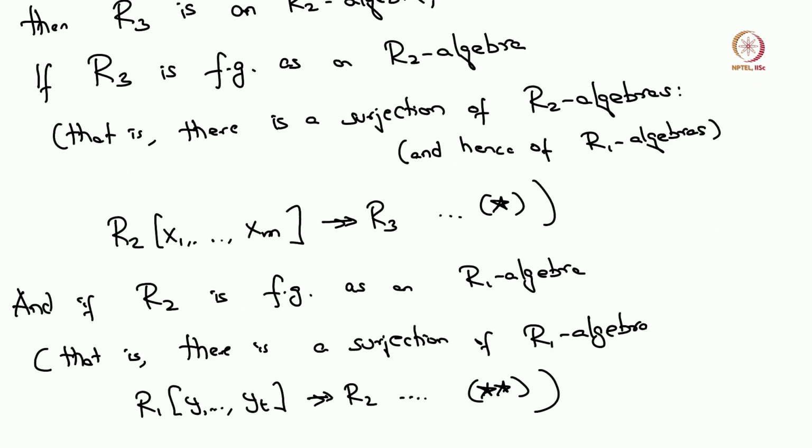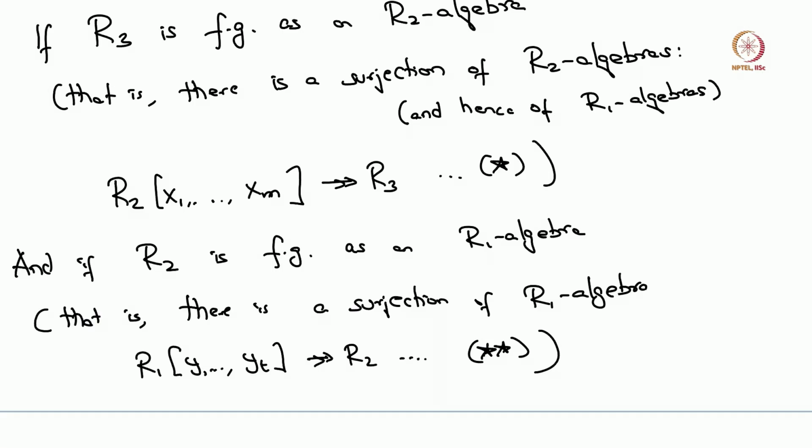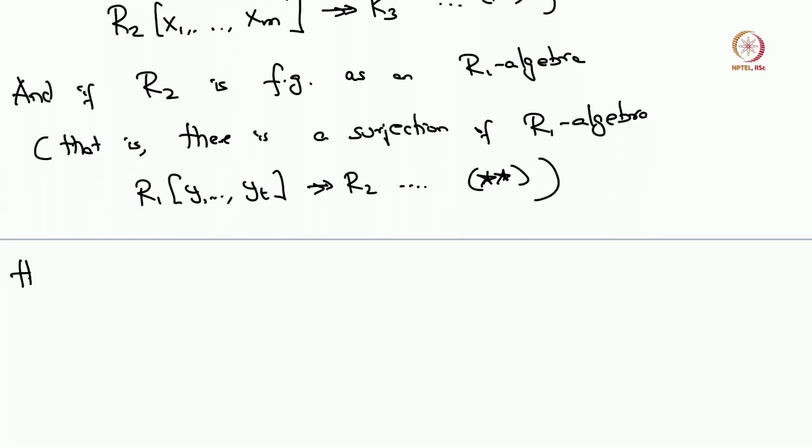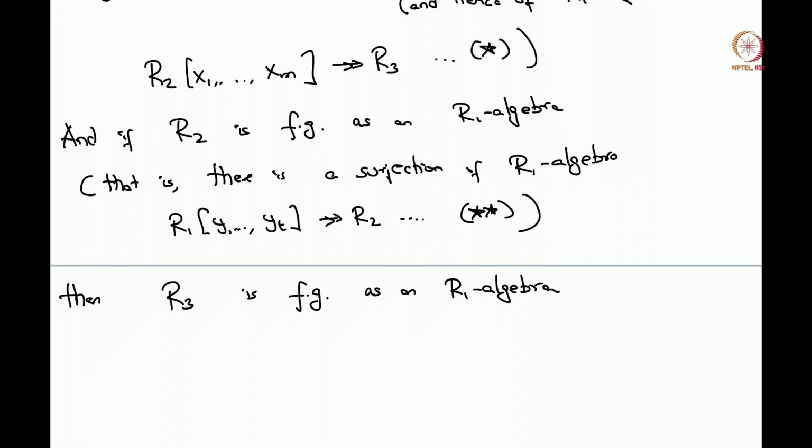So if you have that R3 is finitely generated as an R2 algebra and R2 is finitely generated as an R1 algebra, we have the sequence of inclusions R1 inside R2 inside R3, then the conclusion is that R3 is finitely generated as an R1 algebra. The idea is just we have equation star and equation star star, you just combine these two equations suitably.